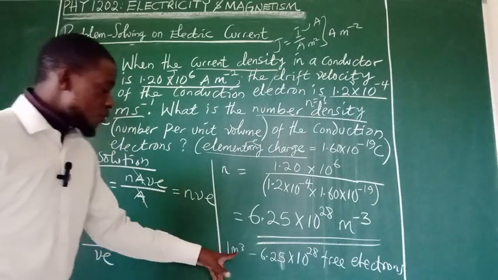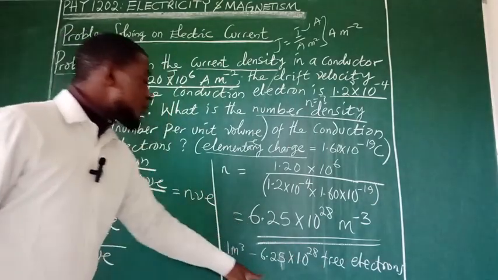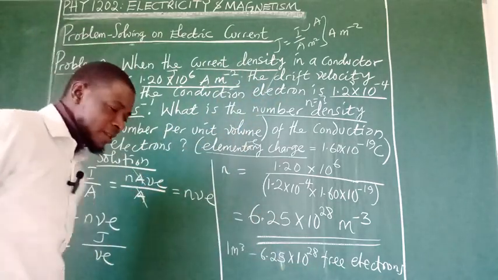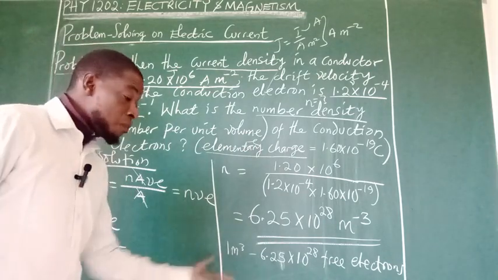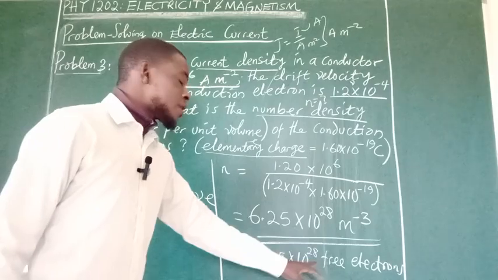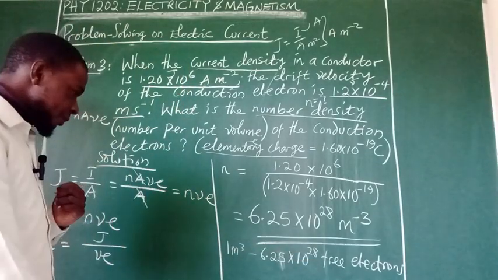Okay, every 1 cubic meter volume has this number of free electrons, excluding the electrons that participate in bonding. Only free electrons, because these are responsible for generating electric current.